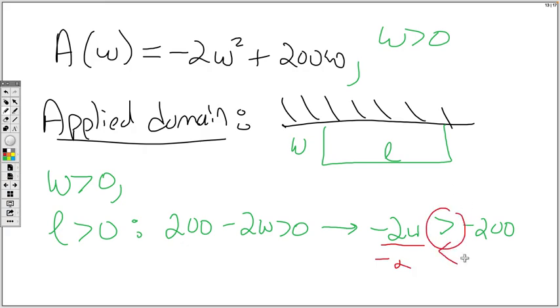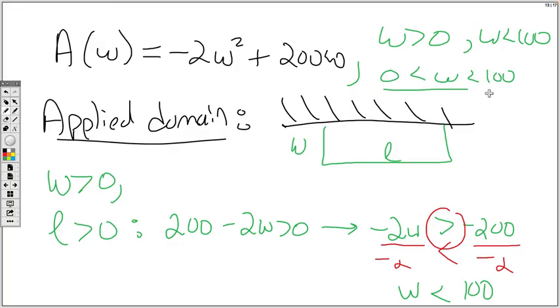So that's going to change this. So now we would get W less than what? 100. So now both of my conditions involve W, so I know that W is between 0 and 100. You follow or not, folks?